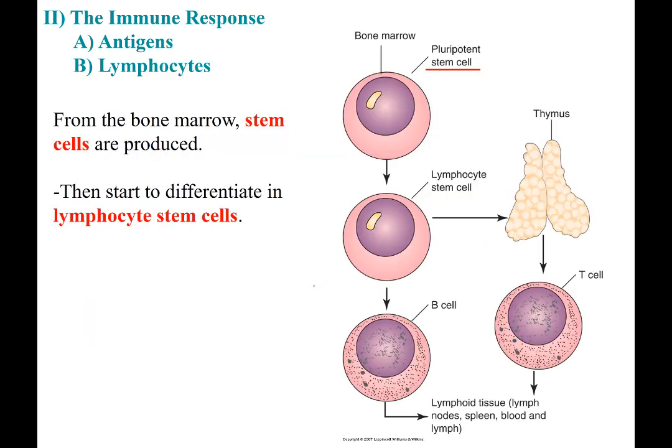So here there's an important idea behind those different types of cells that you need to understand. And this is the idea of the pluripotent stem cells. So maybe you've heard about stem cells before. It's a hot topic in research, and it's a hot topic in medicine now. Stem cells are those cells that can differentiate into any type of cell.